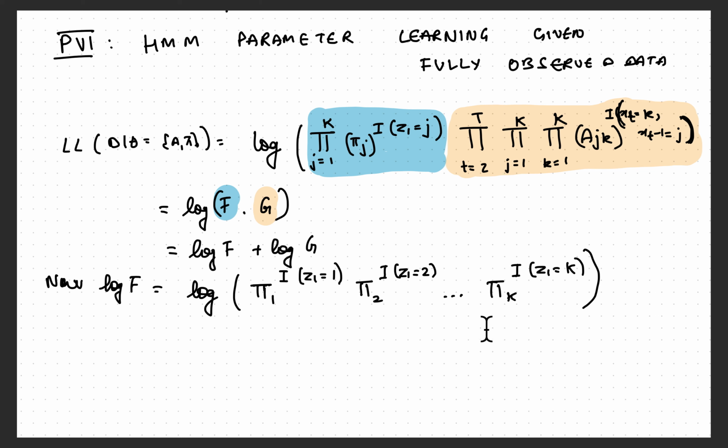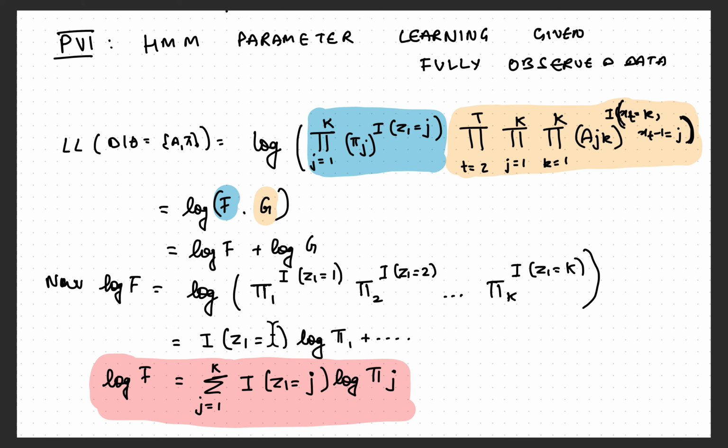Since we're talking about logarithmic of products, you could transform that into a sum of the logarithmics of each of these terms. So this can be written as identity of Z1 equal to 1. We get that because it's pi 1 raised to the power identity Z1 equal to 1.